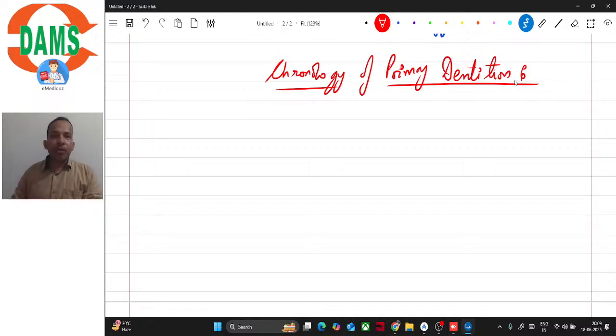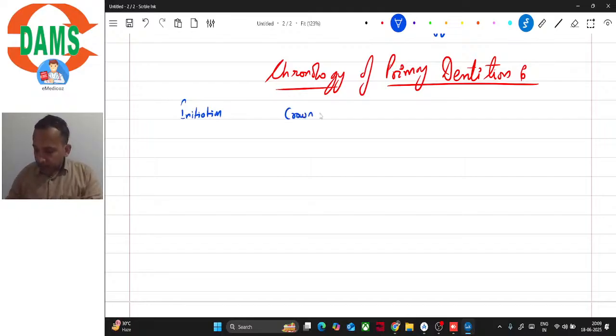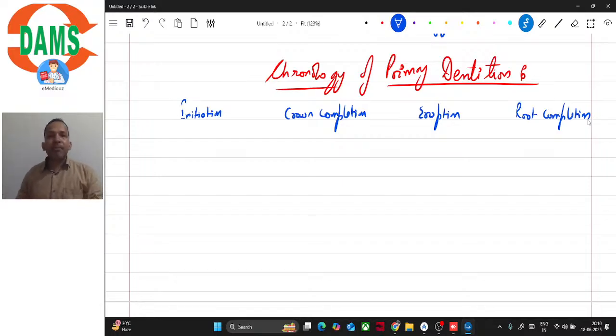So let's go to the chronology of primary dentition, and in the chronology we will discuss it under 4 headings, right? First is initiation, that is initiation of mineralization, then crown completion, then eruption, and finally root completion, right? So let's begin with the primary dentition. So in the primary dentition, we'll write here the maxillary arch.